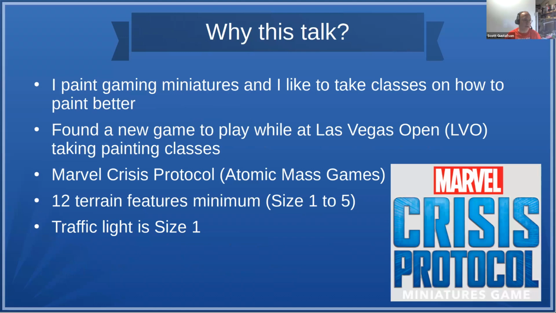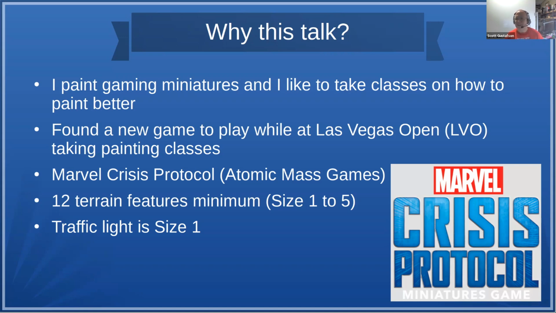Why are we here? I like to paint miniatures. I was going to a gaming conference, which I go to a lot, and I take classes on how to paint. And I was in Las Vegas, and I saw some people playing this game called Marvel Crisis Protocol, and it looked like a lot of fun. It was based on superheroes, so all the X-Men, all of the Superman, well, not Superman, that's DC, sorry.